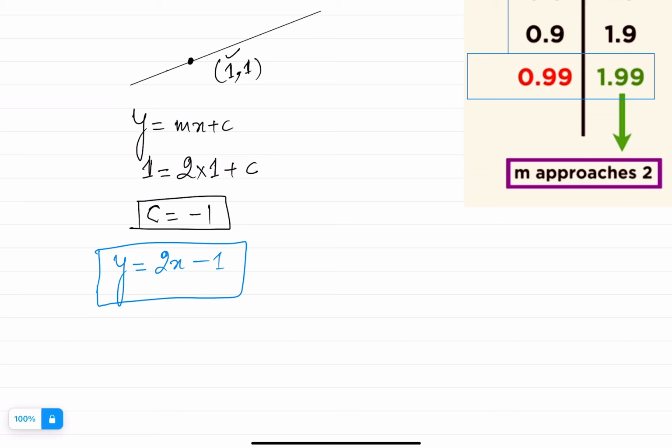But you must understand that by doing this, we have done something which we call differentiation. By coming closer to the point 1 comma 1, we have done something which we call differentiation. The derivative can be interpreted as the slope or gradient of a curve at a particular point.